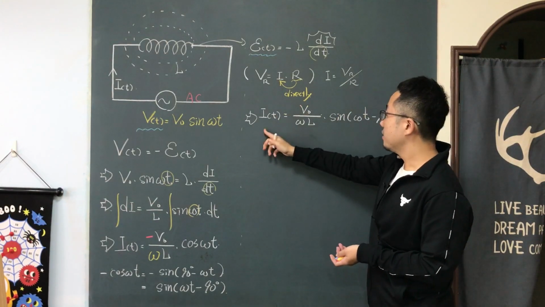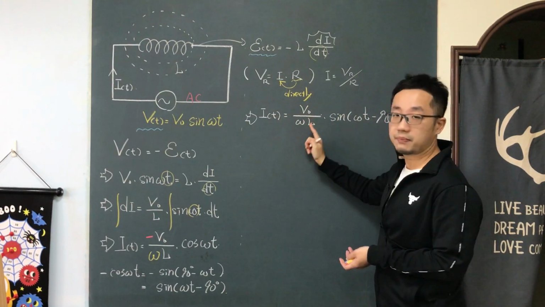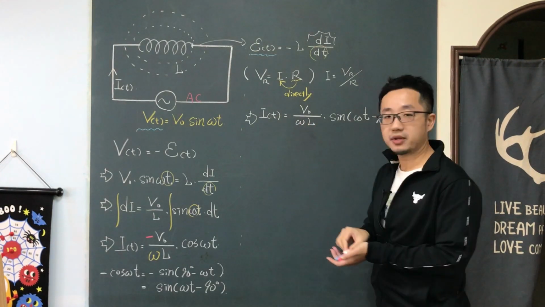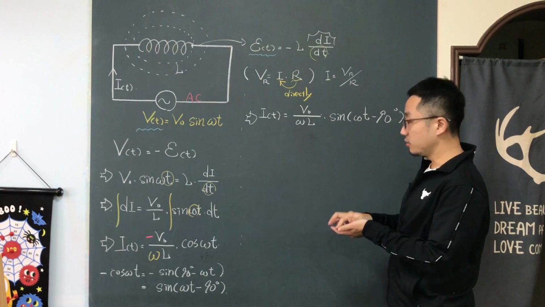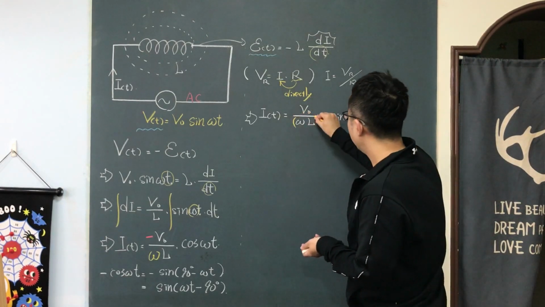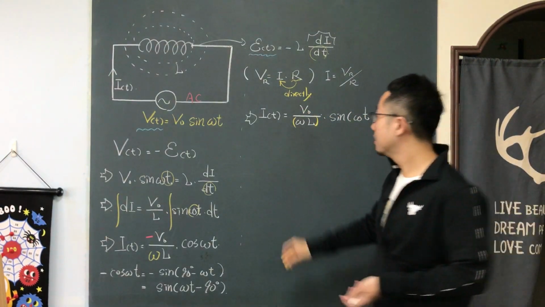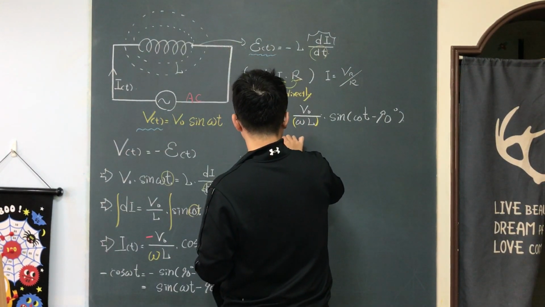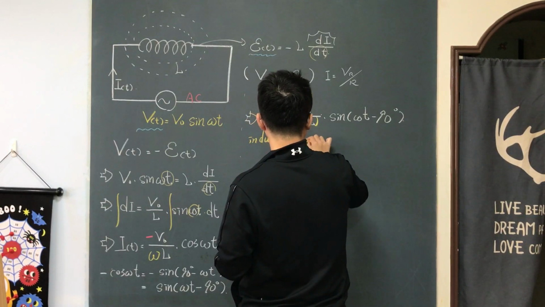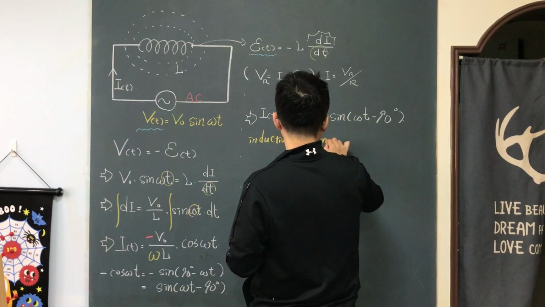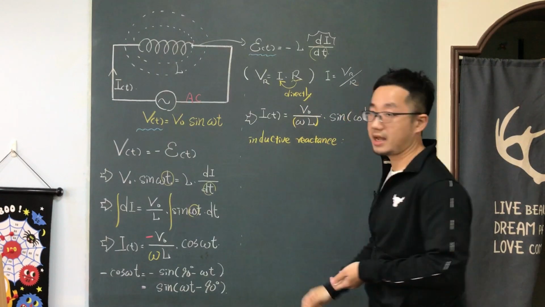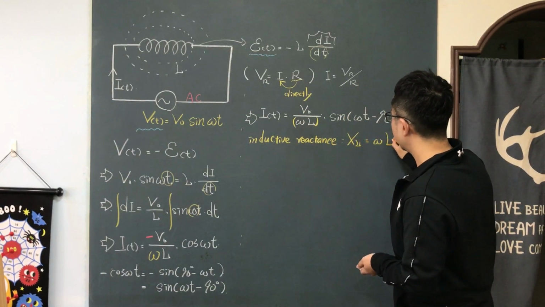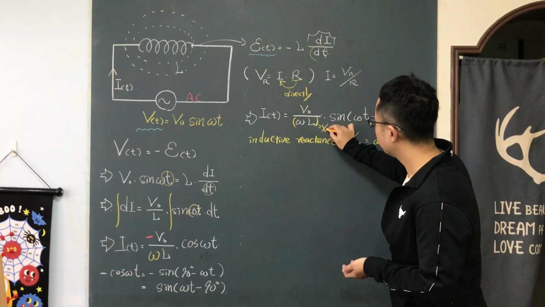So I is now equal to V divided by something that looks like omega L. I would like to give it a special name, which is the inductive reactance. Inductive reactance X sub L is equal to omega L.